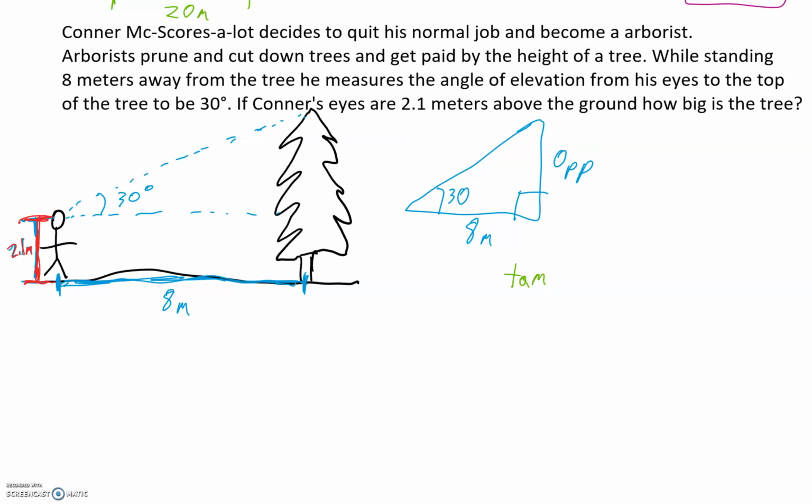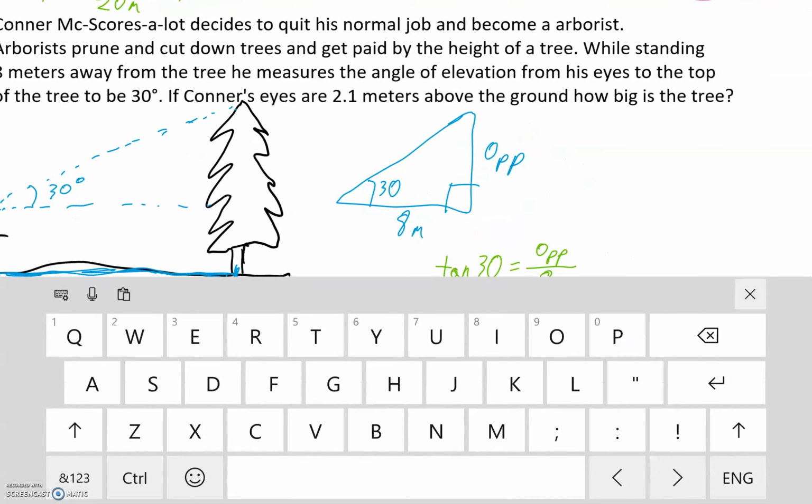And you'll notice that in real life questions, we often are using tan to answer these questions. Like in the last one and in this one, we use tan. So anyways, we're going to rearrange this. We're going to get 8 tan 30 equals opposite. So typing this into my calculator, I get 4.6 meters.